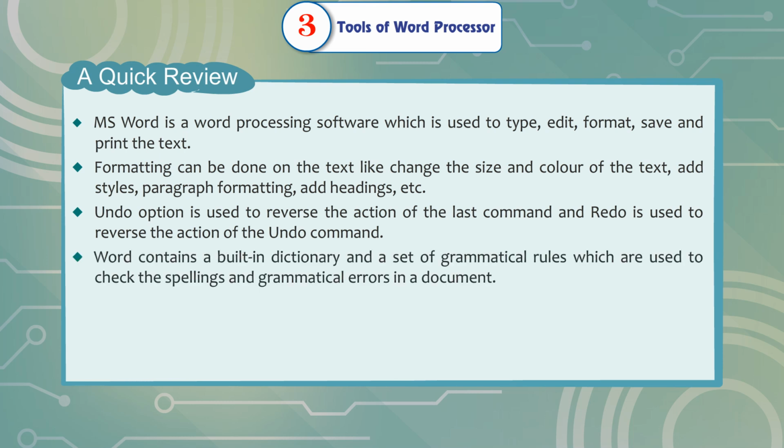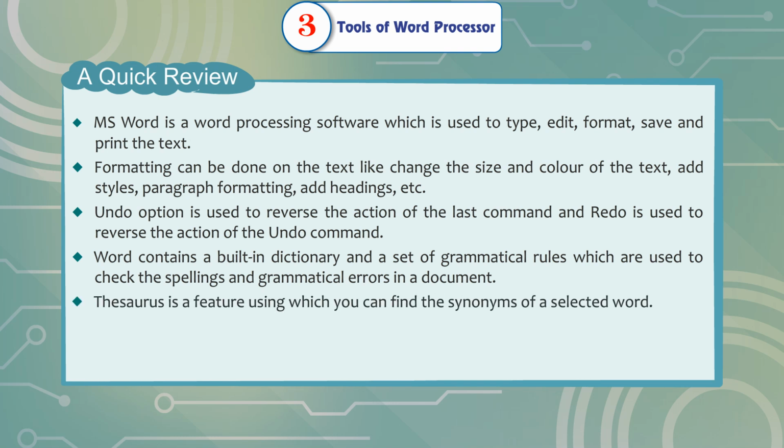Word contains a built-in dictionary and a set of grammatical rules which are used to check the spellings and grammatical errors in a document. Thesaurus is a feature using which you can find the synonyms of a selected word.